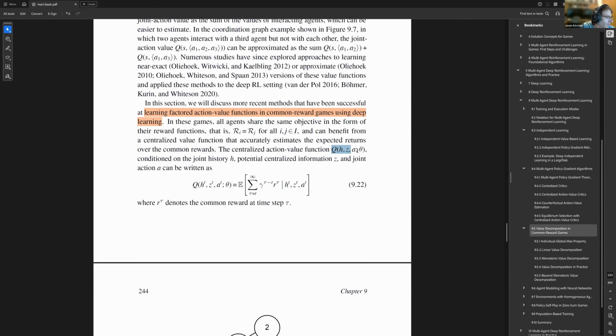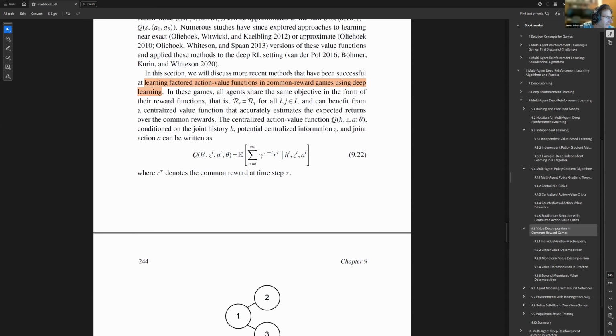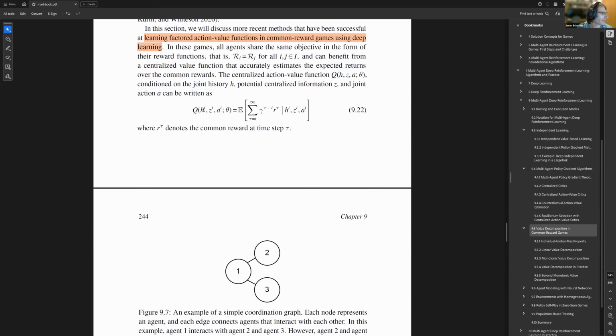So this notation in the book is similar to the function I showed earlier, where we have, in theory, this action value function across A, where A is the joint action space of the entire problem. And writing it here, this definition looks exactly like the Q functions in ordinary reinforcement learning, where we have this discounted sum of rewards.